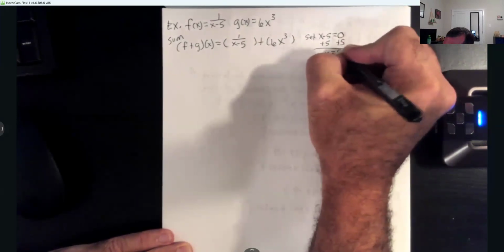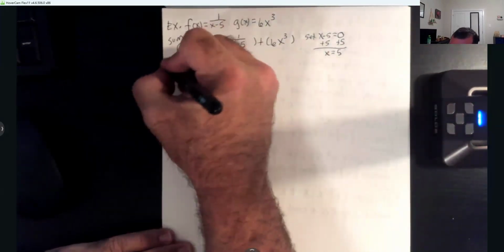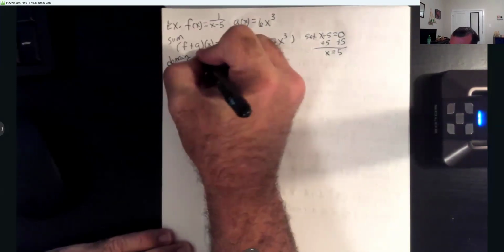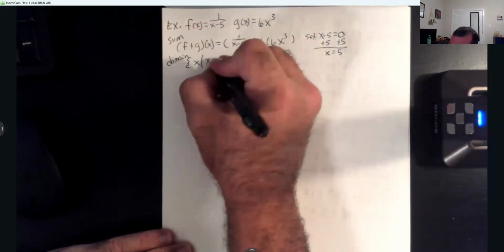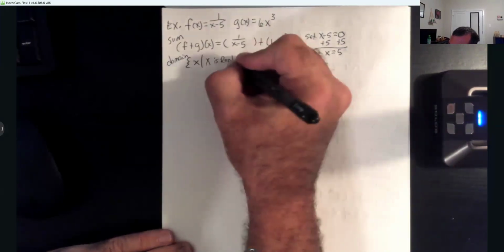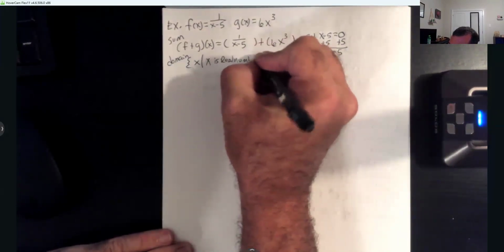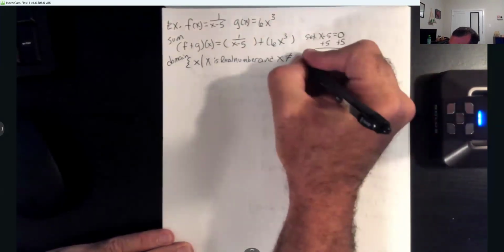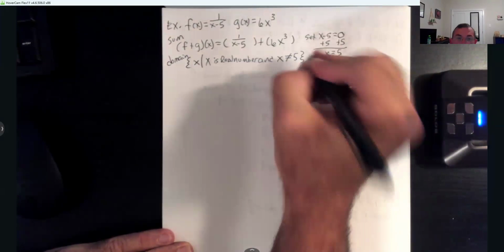And we get x equals 5. So y'all, for the domain, x such that x is a real number and x cannot equal a positive 5.